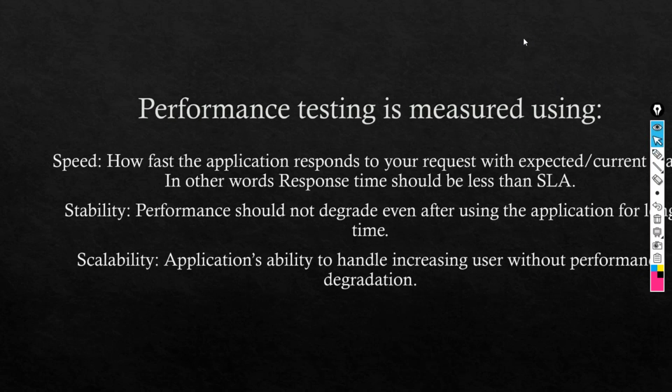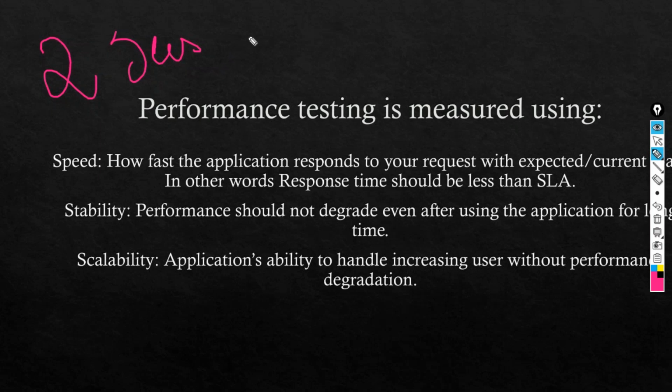That means, let's say in the first 1 hour you are getting response times of 2 seconds. You have been running the application, and in the first 1 hour you are getting response times of 2 seconds. That means the pages are loading within 2 seconds. Now, after running the application for 3-4 hours, the performance should not degrade.